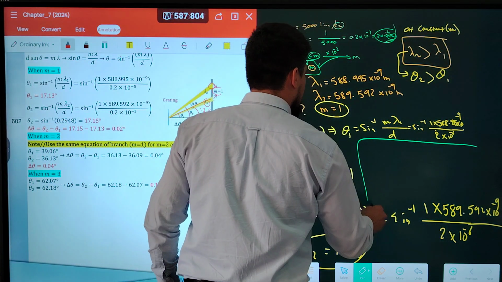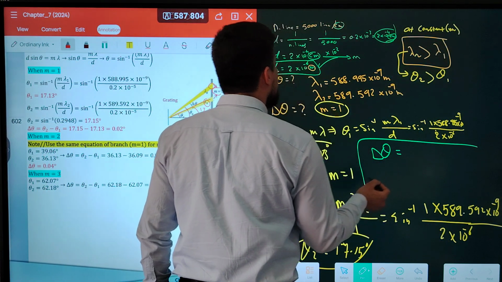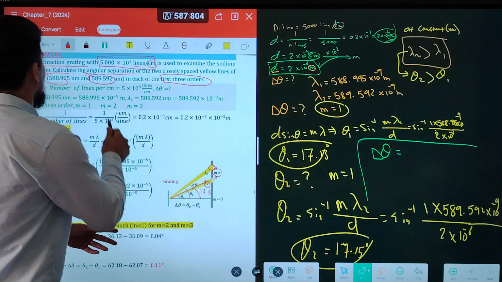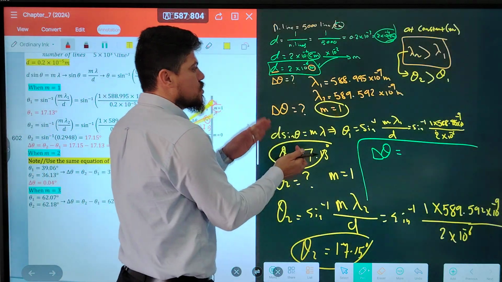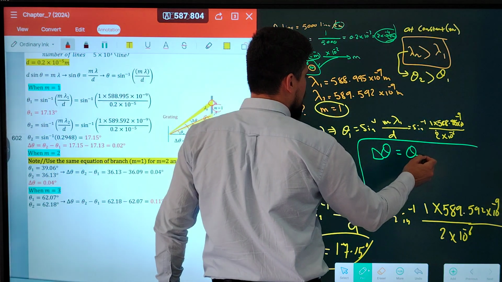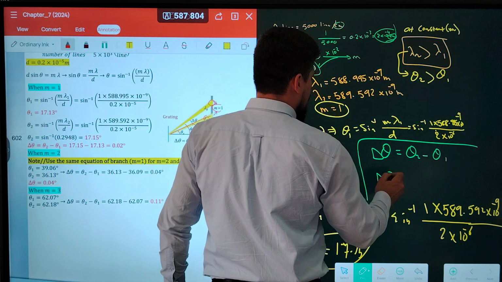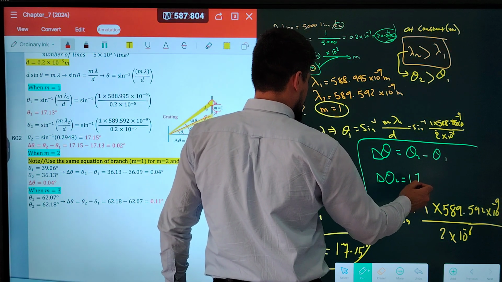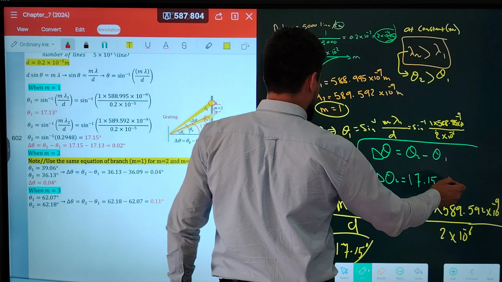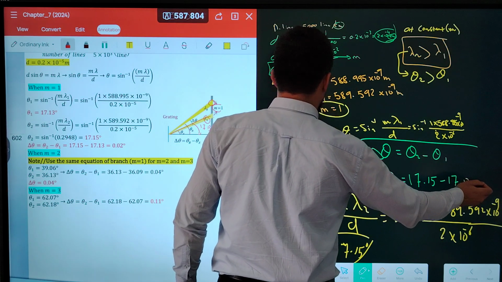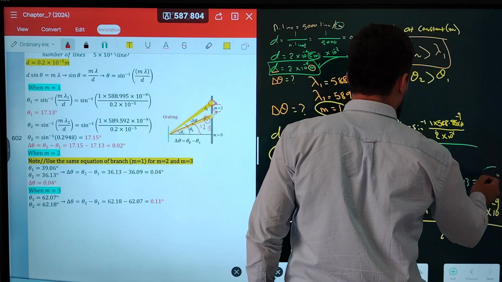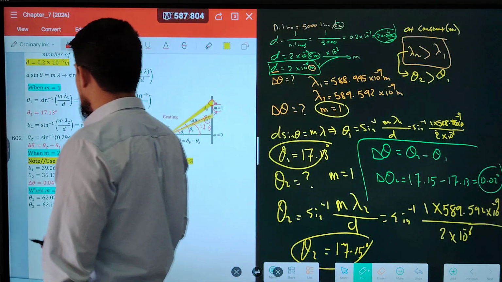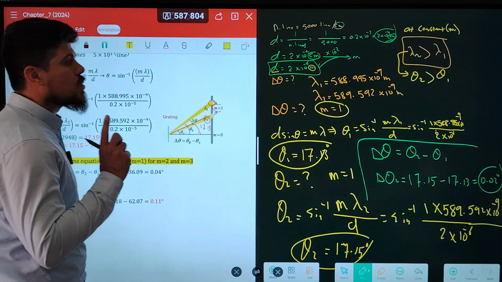So now calculate the angular separation, delta theta, between these two wavelengths. Delta theta is equal to theta 2 minus theta 1, 17.15 minus 17.13, which is equal to 0.02 degree. This is delta theta for m equal to 1.